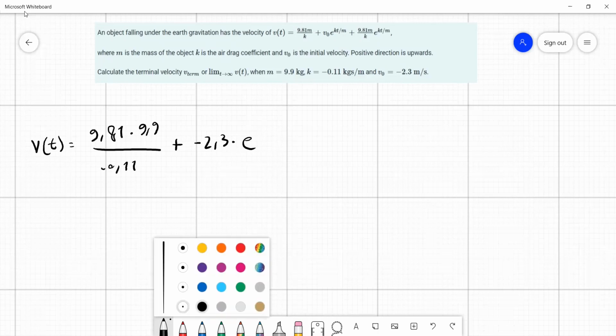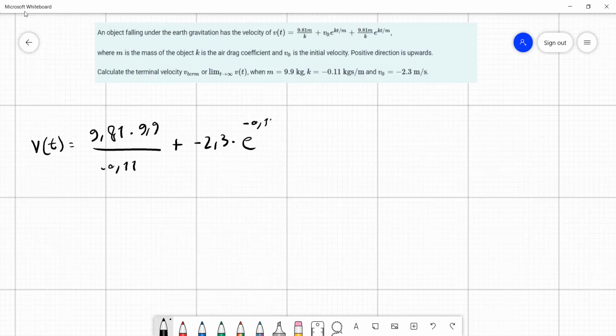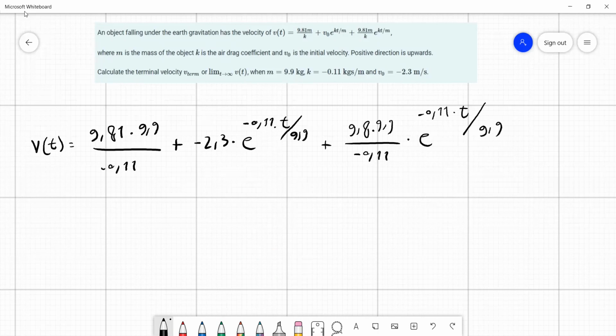Then we have k, which is negative 0.11, times t, and the whole thing is divided by m, which was 9.9. Then we have plus again gravity times 9.9 divided by k, times e to the power of k times t divided by 9.9.